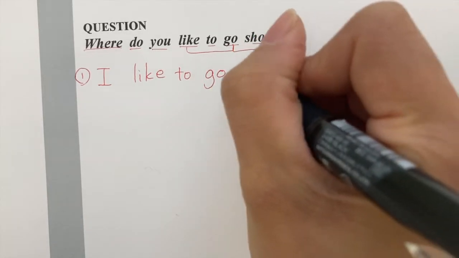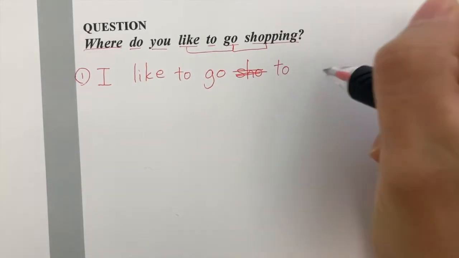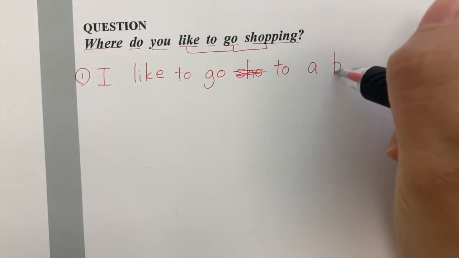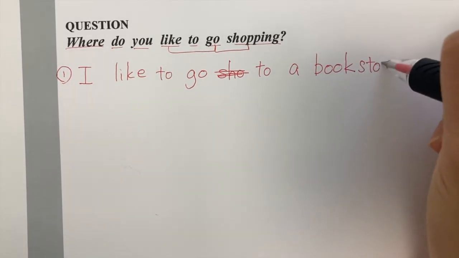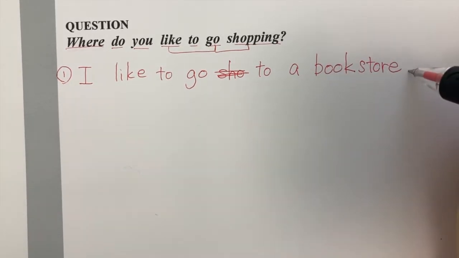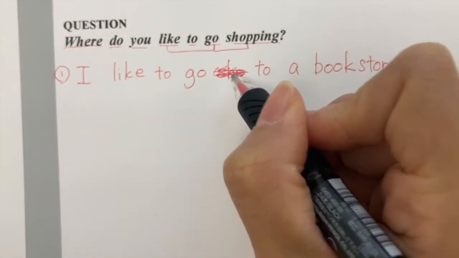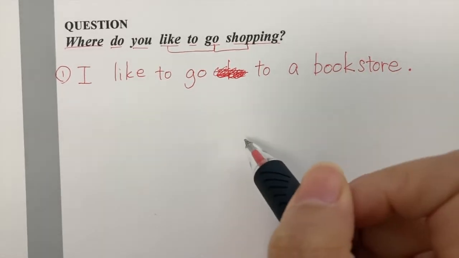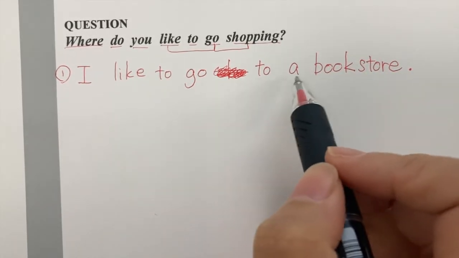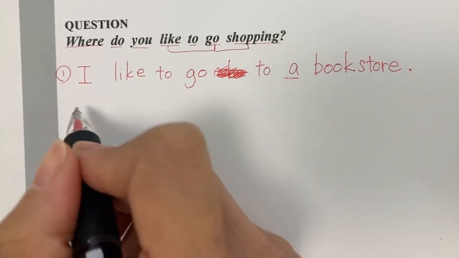No, that doesn't make sense. I like to go to a bookstore. That's my first sentence. Sorry, I made a mistake here. Use your eraser. This is exactly why you don't use a pen, Miss Yua. I like to go to a bookstore.